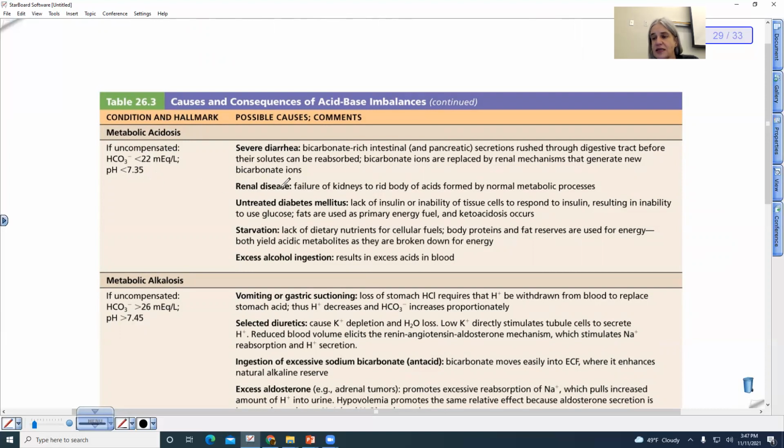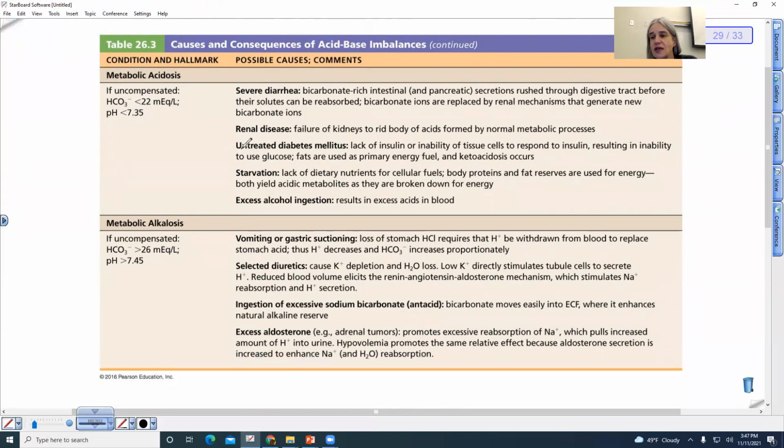If you have renal disease, if you have untreated diabetes mellitus, if you are in starvation mode, you're actually going to be burning proteins for fuel, and that can also lead to acidic metabolites and more acidic blood. And then alcohol results in metabolic acidosis.